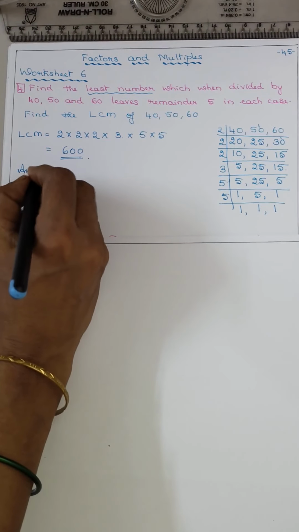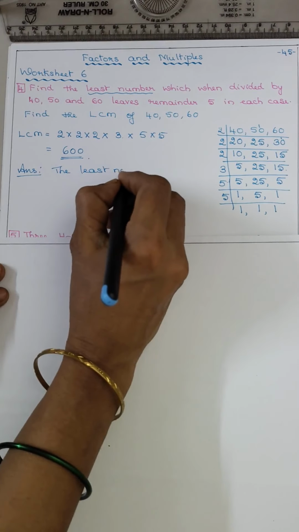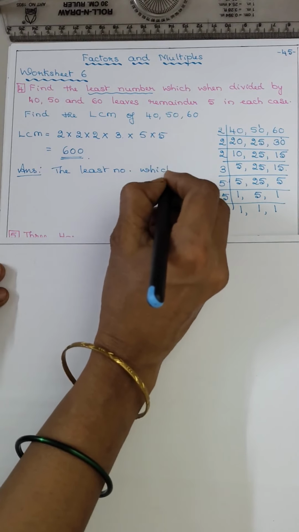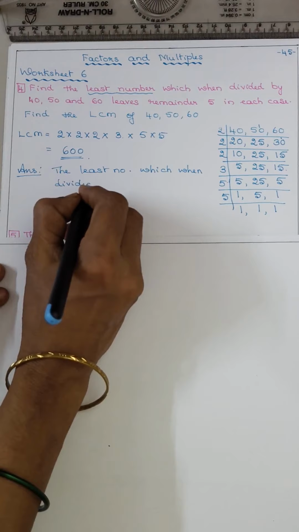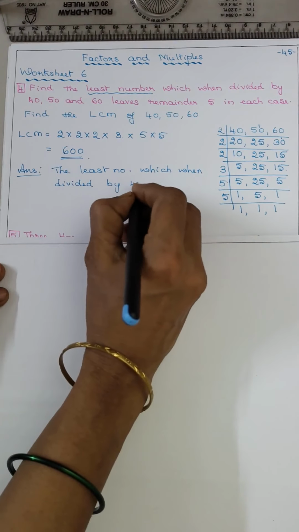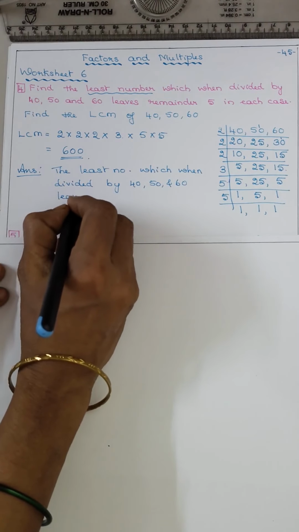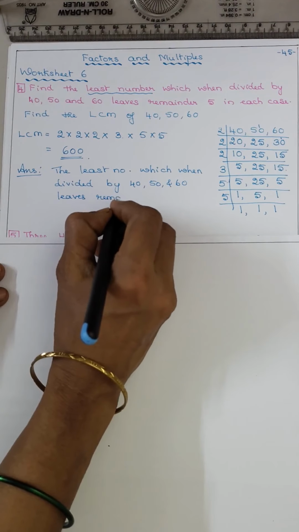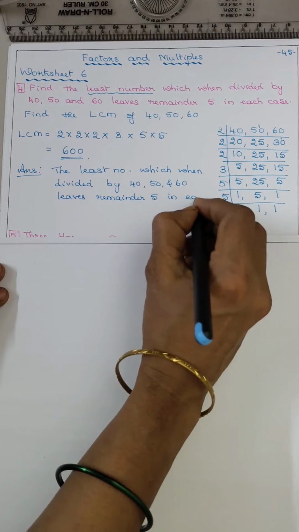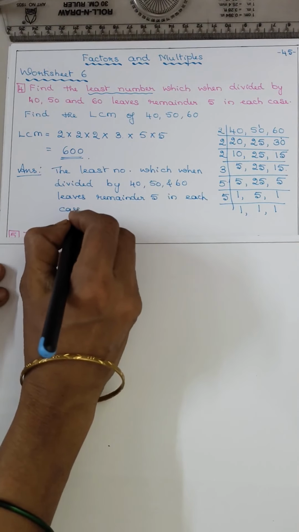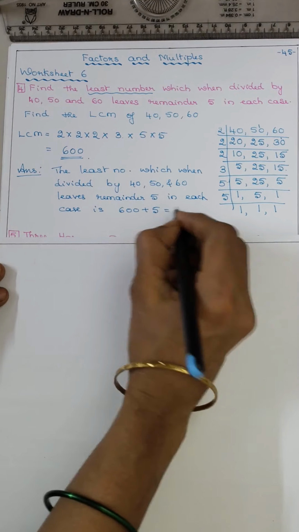But the answer, the least number which when divided by 40, 50 and 60 leaves remainder 5 in each case is 600 plus 5, that is 605.